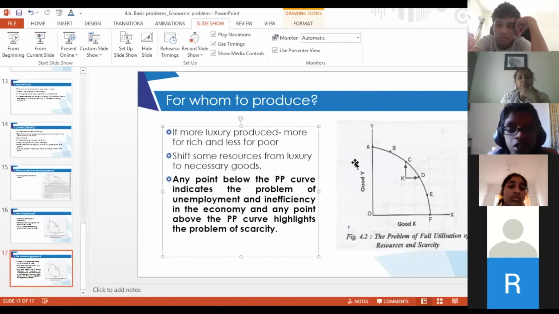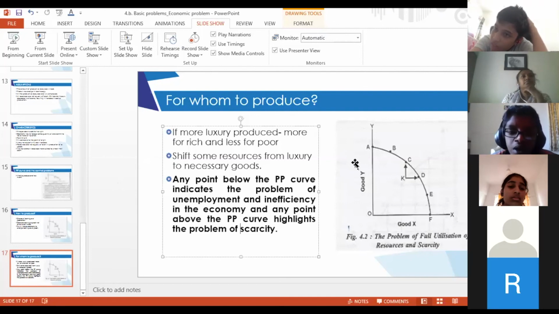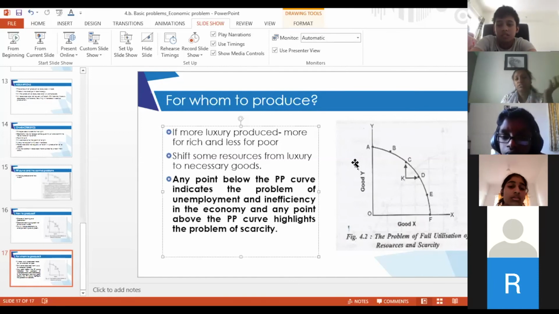Ma'am, the production possibility curve tells us how, whom and how much to produce. It covers all of these three things. Because of this curve, we are able to see how much we can produce, at maximum, using all the resources efficiently.